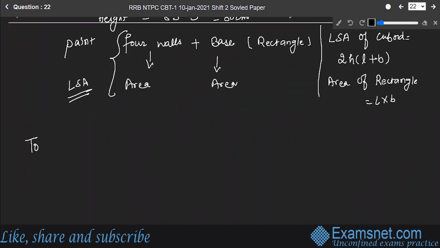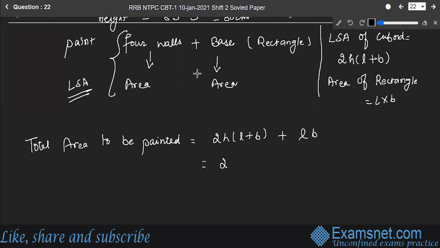So total area to be painted is equal to area of the four walls, which is 2H(L plus B), plus area of the base, which is L into B. 2 into H was equal to 80, not 83. Sorry, it was 80, not this.